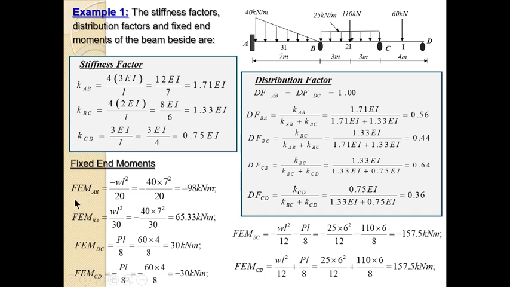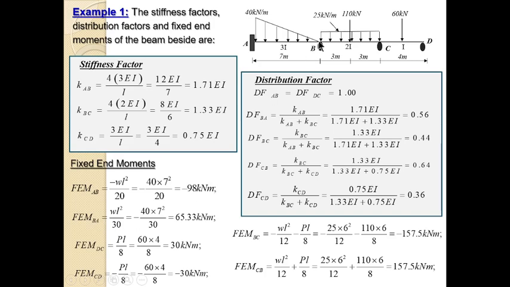So for the fixed end moment for AB, that is A going to B, remember this is a left support, so it will carry minus. And this is where the moment is high, so it will be WL squared over 20. That's why we have minus WL squared over 20, and W is 40, L is 7. By the time we work that out, it is minus 98 kilonewton meter.